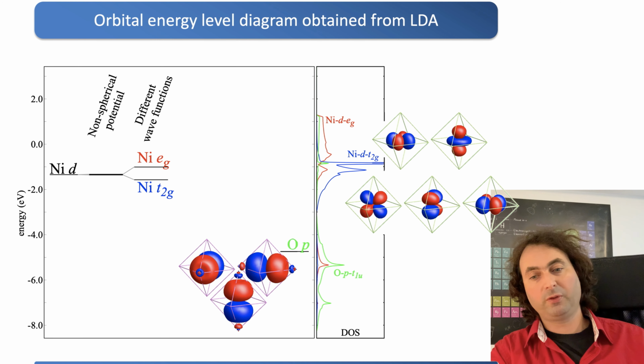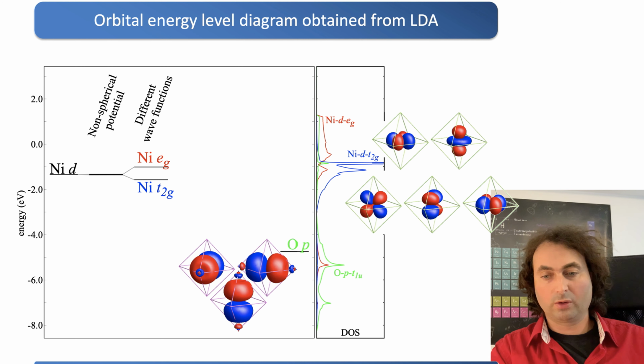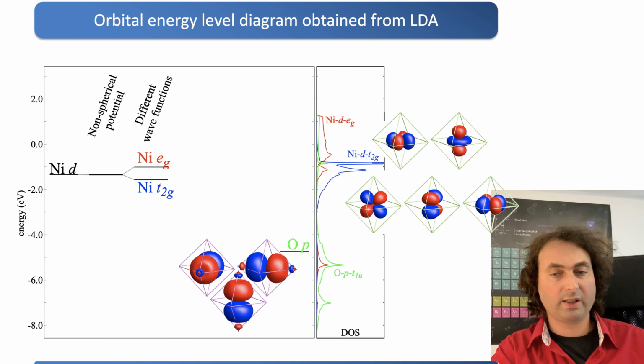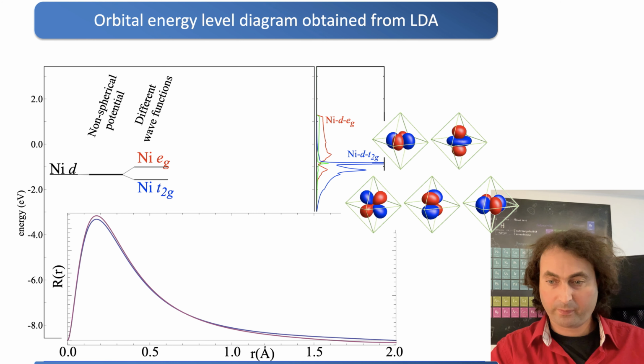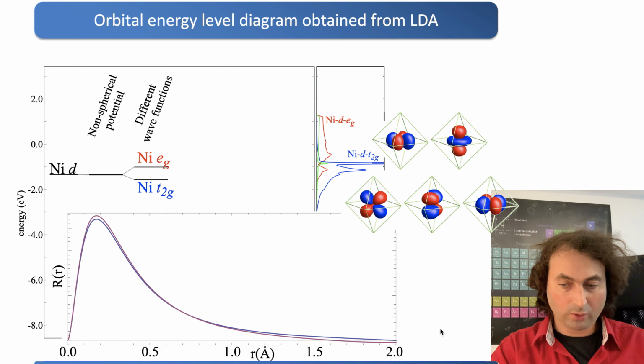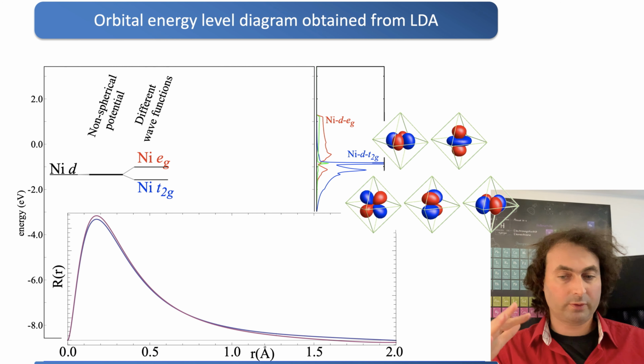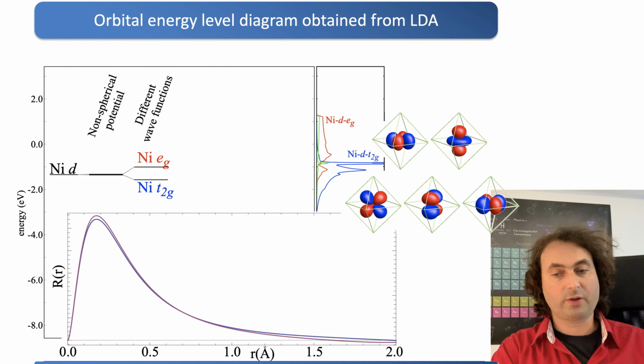Now, we saw before that your wave functions for the T2G and EG have a slightly different radial part. And that's what you have here. The EG radial wave function has to have a node at a distance where you have the next oxygen atom, and therefore it is slightly pushed inwards.